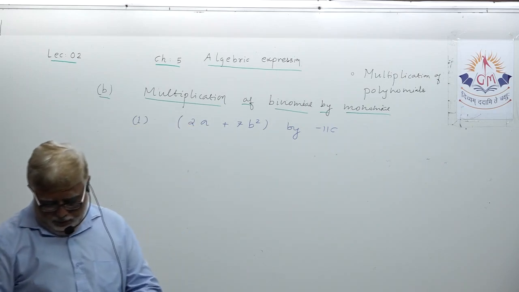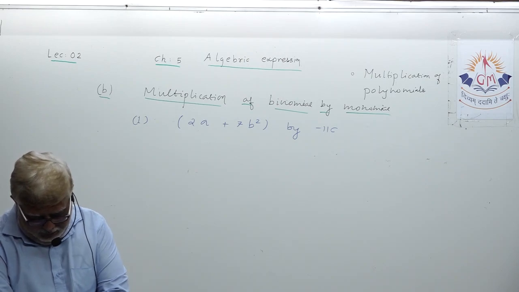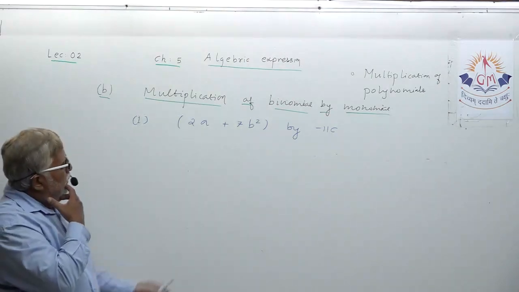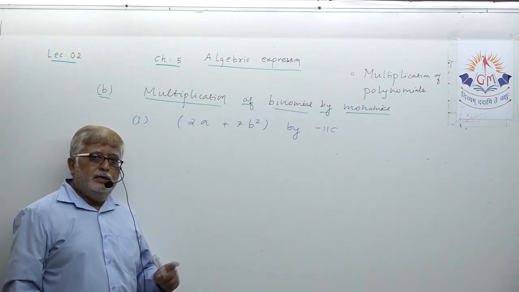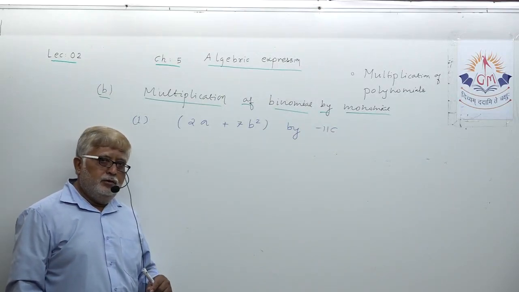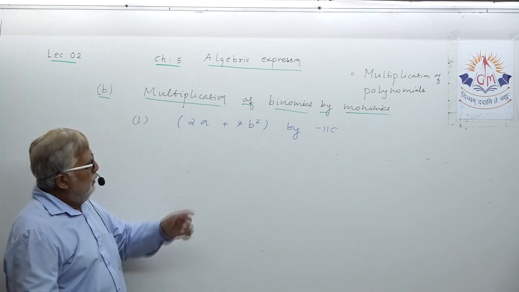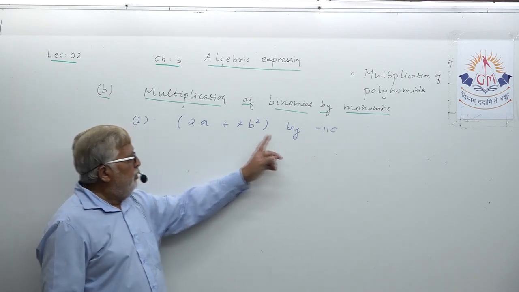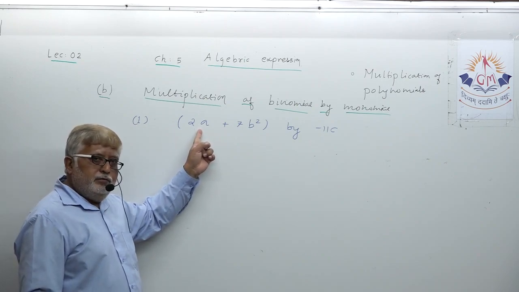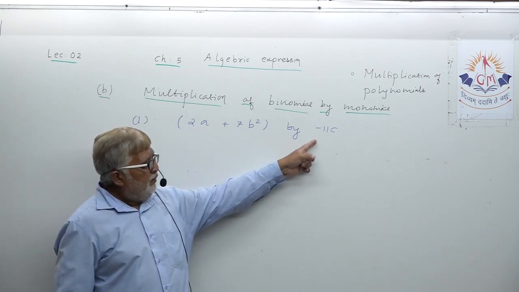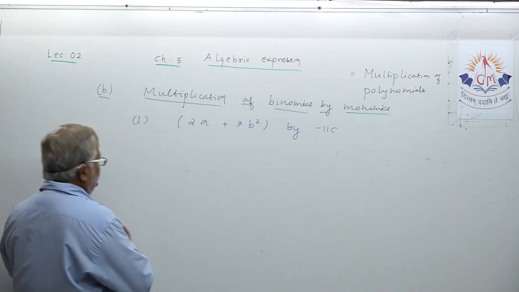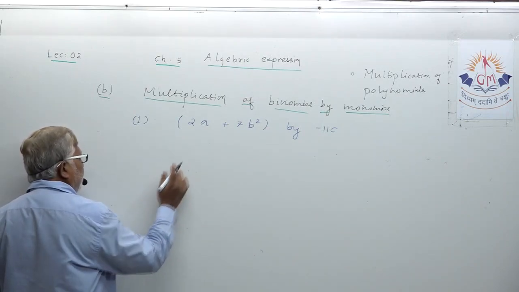First you try to understand this, dear student, because one binomial is given and one monomial is given. That means you have to multiply this monomial with this monomial first and then with this. Okay, one by one.